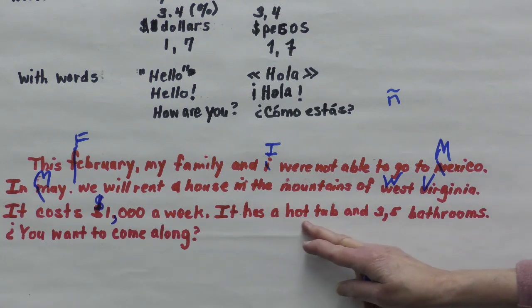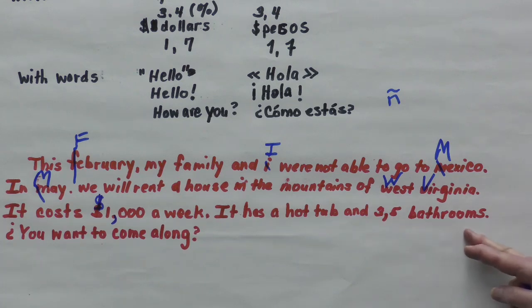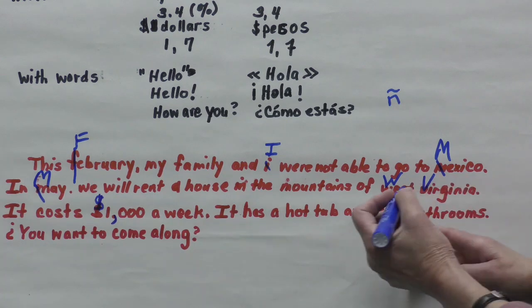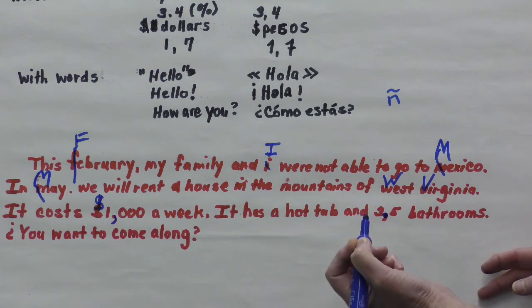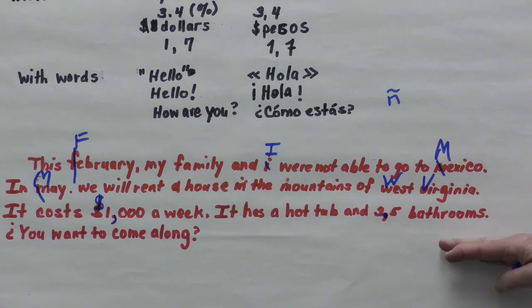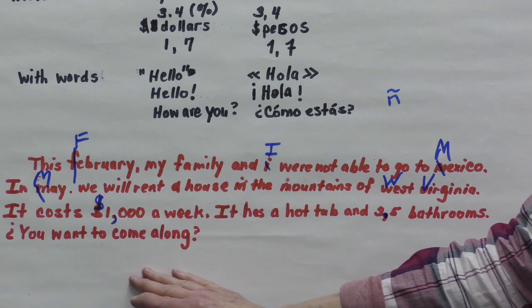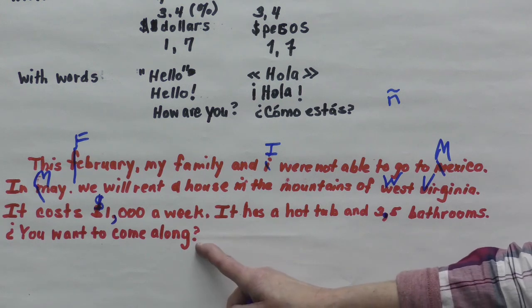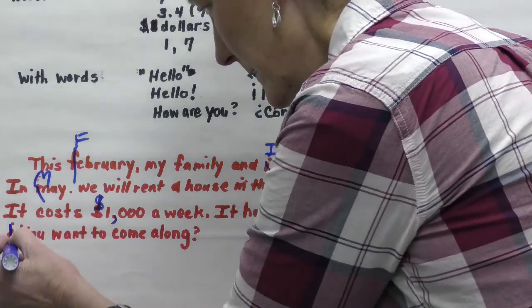It has a hot tub and 3.5 bathrooms. 3.5. That doesn't look right for us, for English. So we would say 3.5. Okay. You want to come along? This one's okay, but we don't need that one.